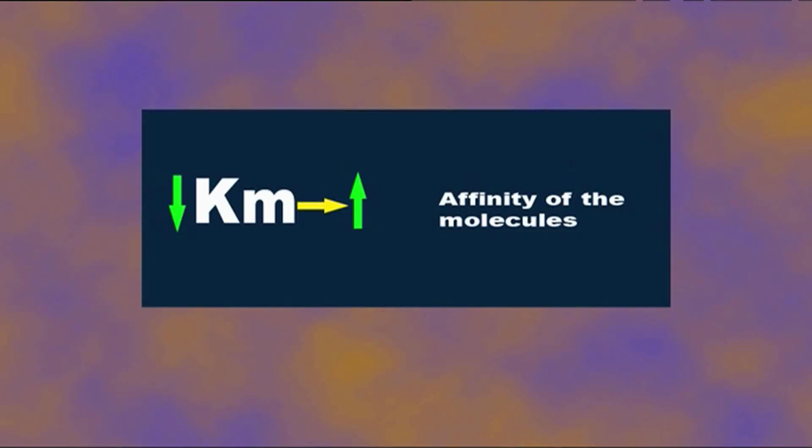Thus, the lower the Km, the higher the affinity of the molecules. Hence, the readily metabolized D form of glucose competes very effectively for transport into the erythrocyte even if present at lower concentrations than other hexoses. There are mainly three differences between simple diffusion and facilitated diffusion.